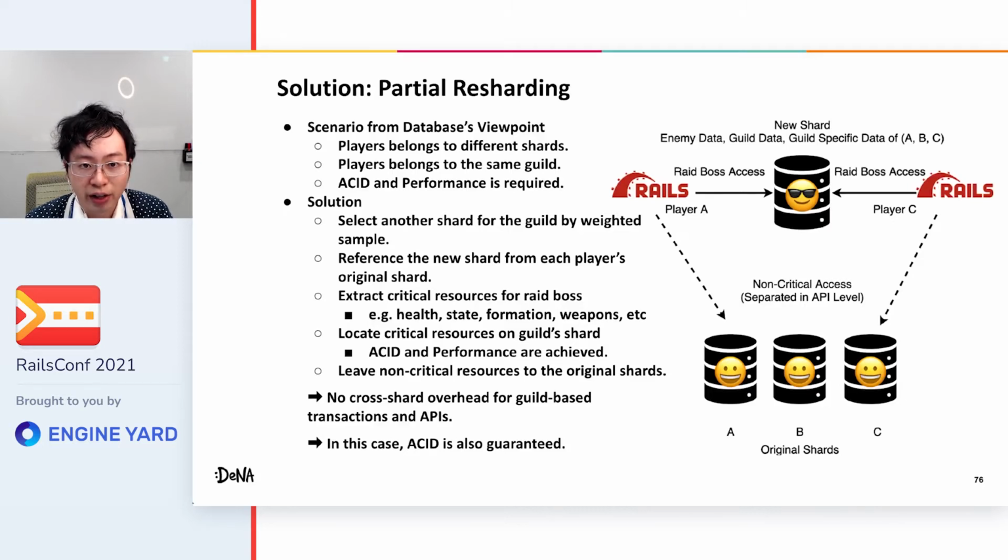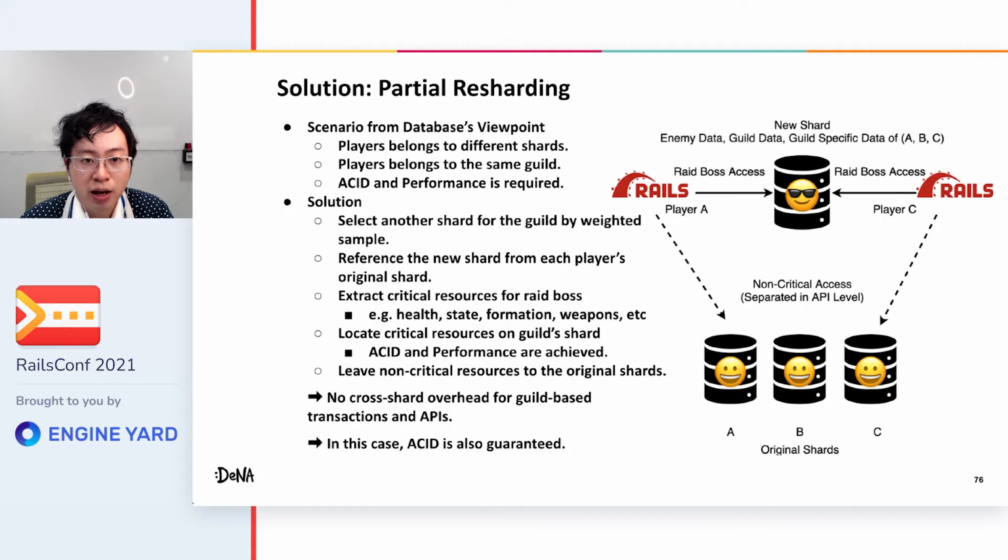At the design phase, we extract critical resources for the raid boss, for example, health, state, formation, weapons, and so on. Then locate the extracted resources on the guild's shard.